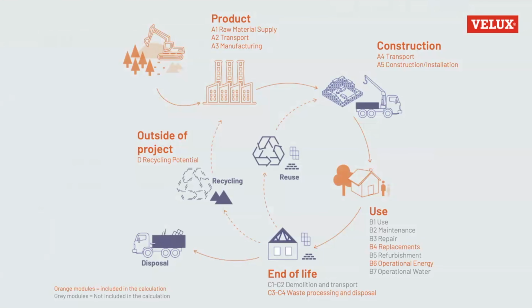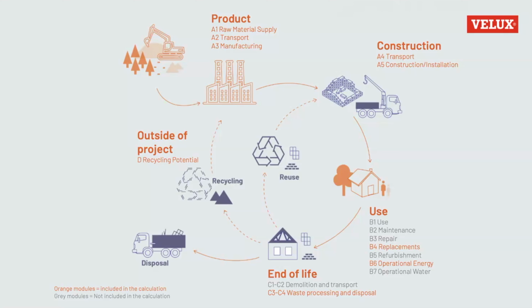Then talking again about the life cycle of the building, according to the ISO standards, it's divided up into different life cycle stages and modules, like you can see here. And the ones marked with orange are the ones that are mandatory in Denmark. So that is the product stage: extraction of raw materials, transportation of raw materials to the factory, and manufacturing of building materials. Then there are the emissions from the construction site and the transportation to the construction site.